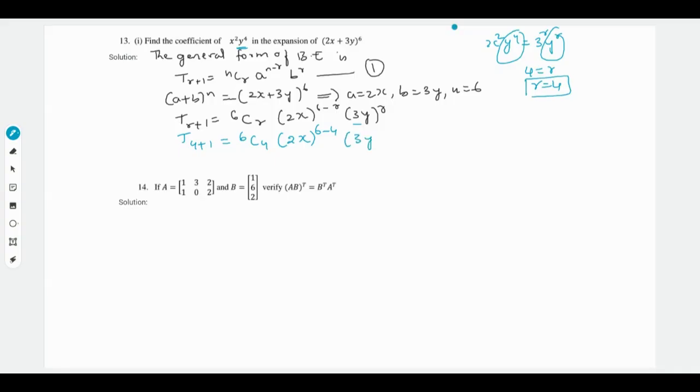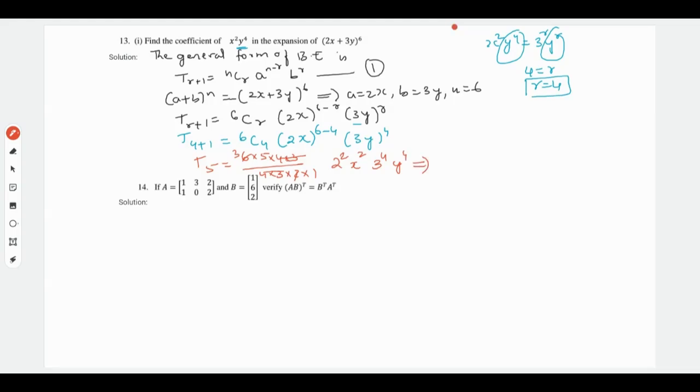then (3y)^4. So if you simplify this, we get T5 will be 6 into 5 into 4 into 3 divided by 4 into 3 into 2 into 1. 4 and 3 cancel, 5 ones are 5, 3 twos are 6, then it is 2 power 6 minus 4 is 2, x power 2, then 3 power 4 into y power 4.